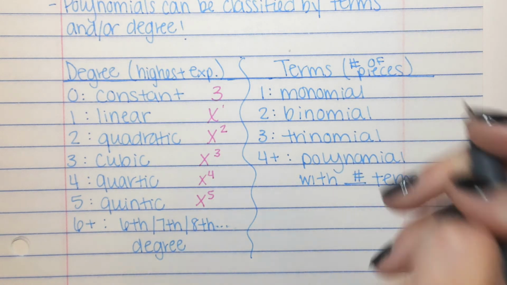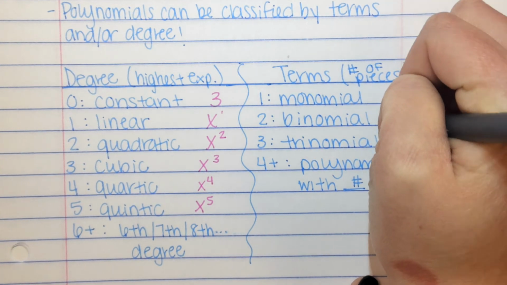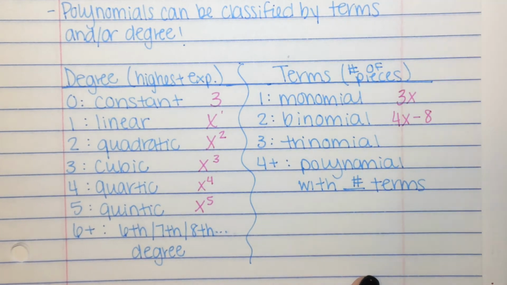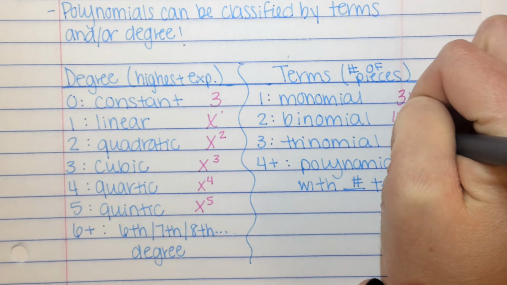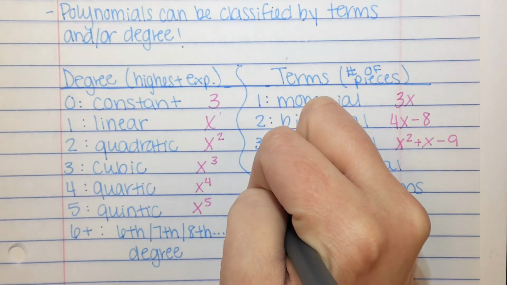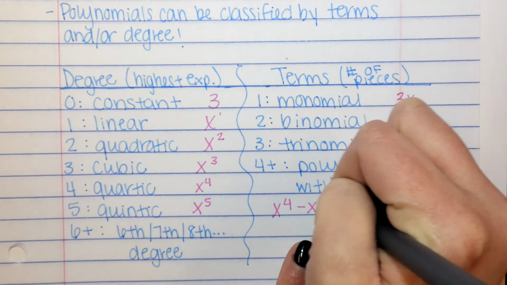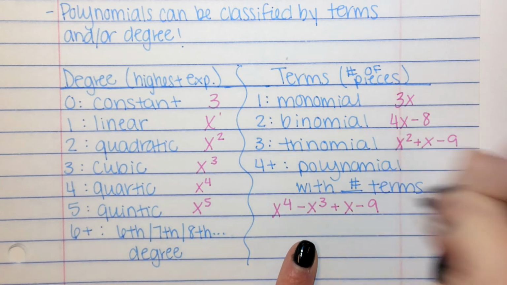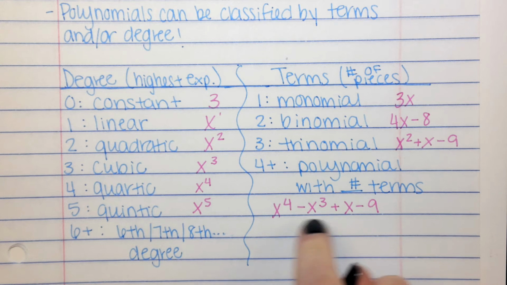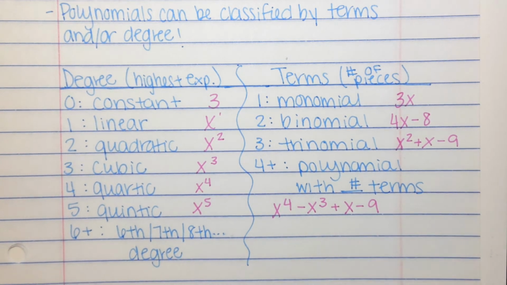Here's a little example. 3x is a monomial, 4x - 8 is a binomial, x^2 + x - 9 is a trinomial, and x^4 - x^3 + x - 9 is a polynomial with 4 terms. And you could do 5, 6, 7, whatever you want.